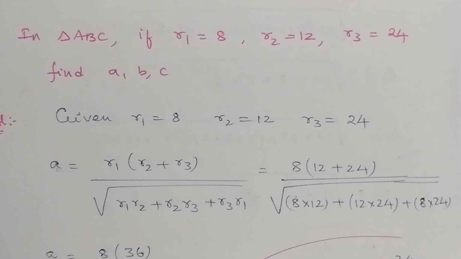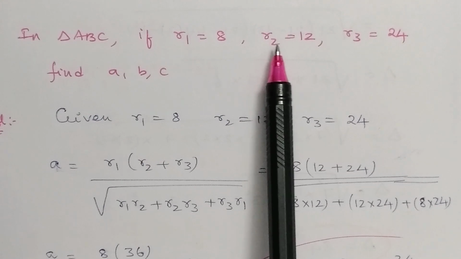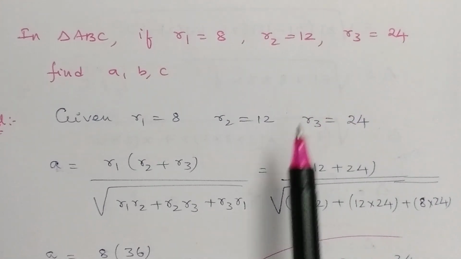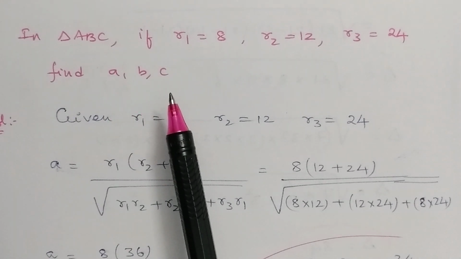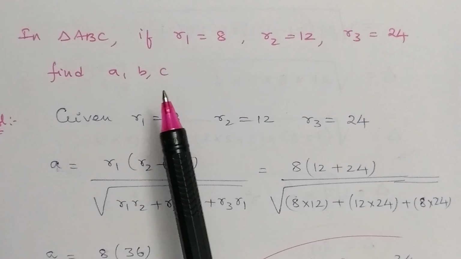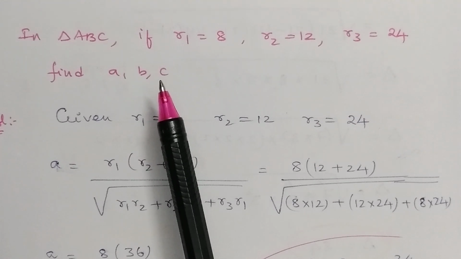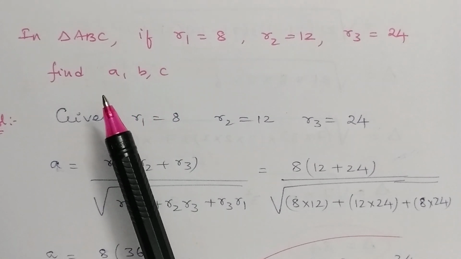We try this problem in triangle ABC. If R1 equals 8, R2 equals 12, R3 equals 24, find ABC. This is just the reverse of the previous problem.